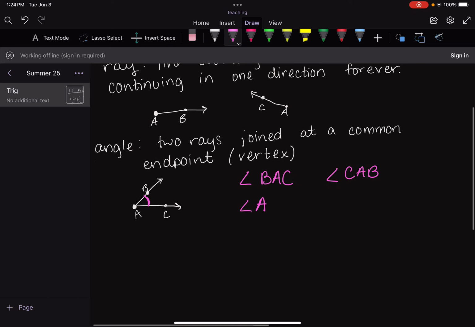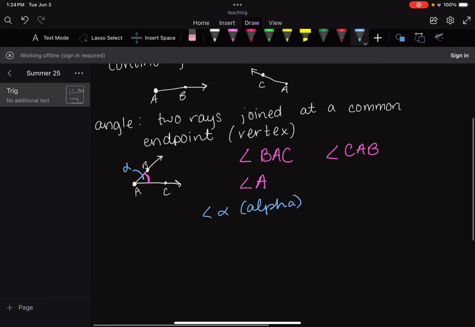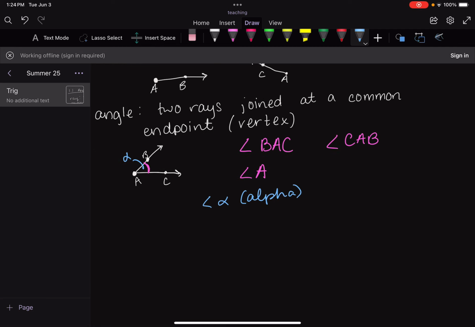Another common way to talk about angles is to call them Greek letters. So let's say I want to call this alpha. That's the symbol for alpha. So I could say angle alpha. Some other Greek letters that are really common that we'll see are beta, gamma, and also theta.